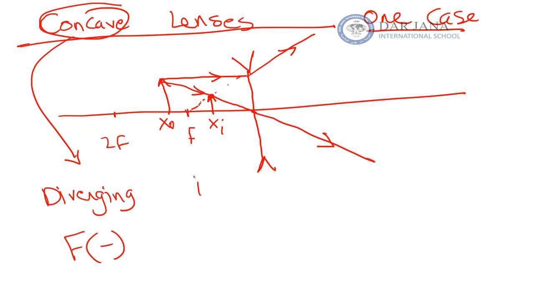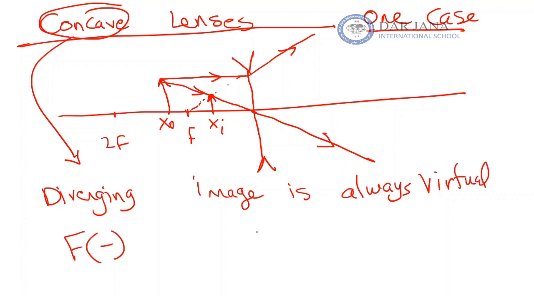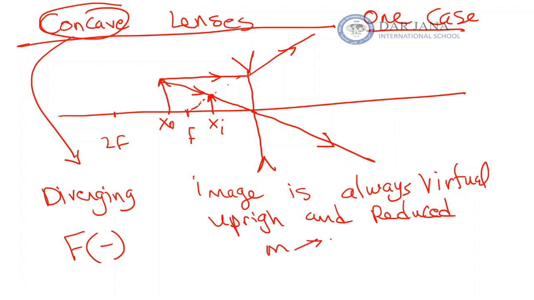The image is always virtual, which means it's on the left side, upright, and reduced. This is the only case. So magnification is positive and it is less than 1 as absolute value.